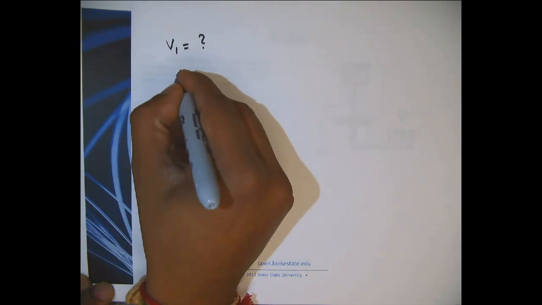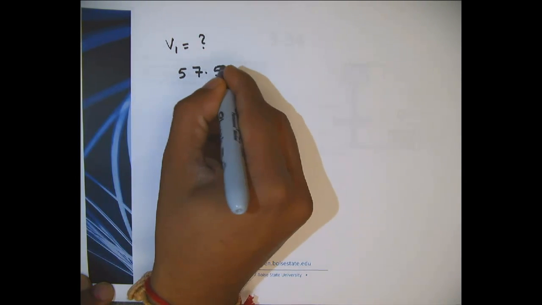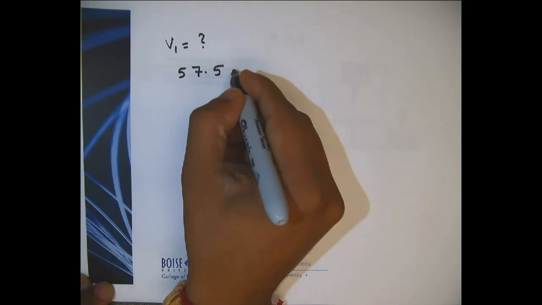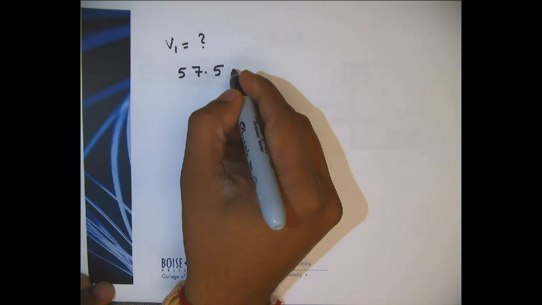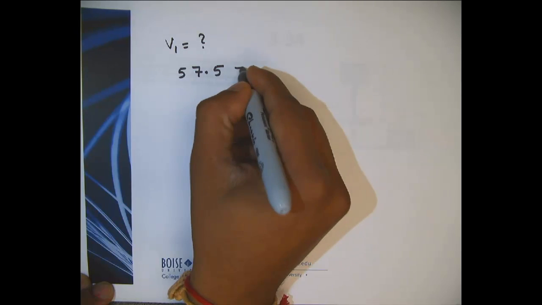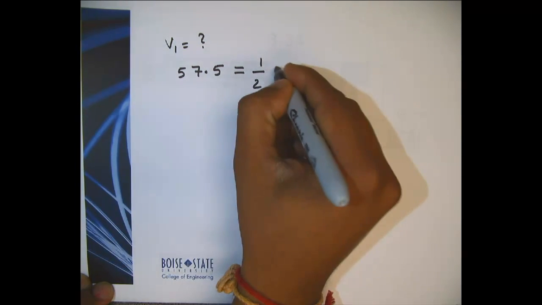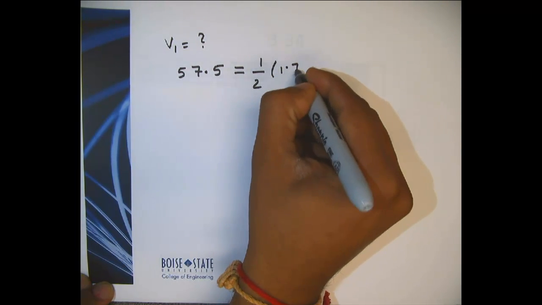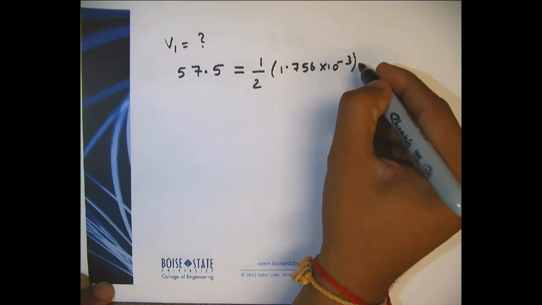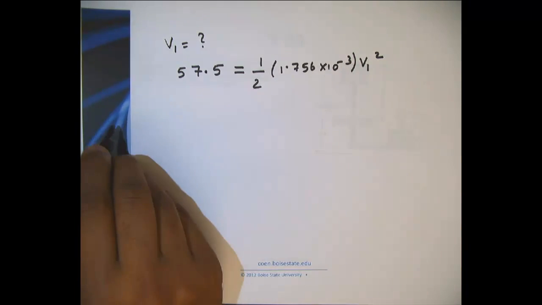So I have 57.5 pounds per square foot, which is P1, or sorry, it's the equivalent of the pressure at sea level, and it should be equal to half times the density at 10,000 feet times V1 square.